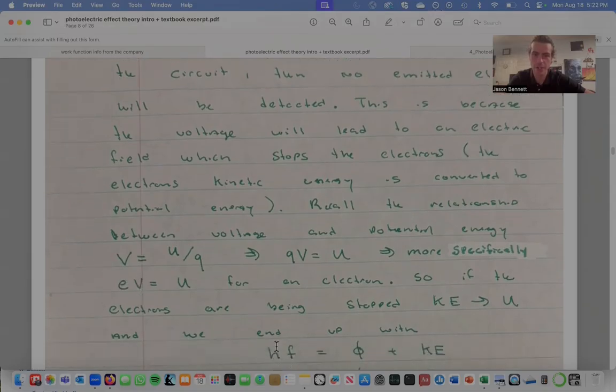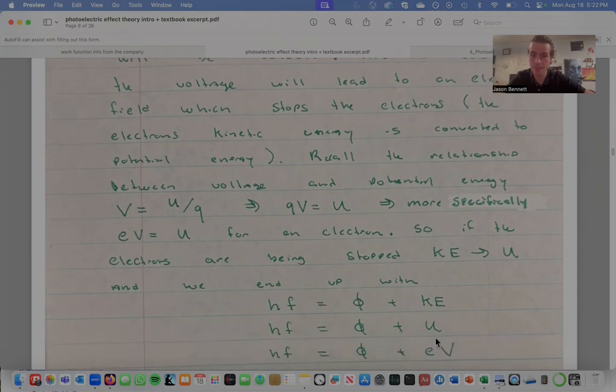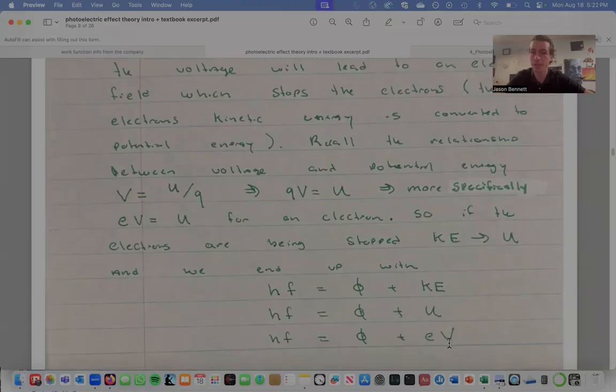So now our equation looks a little bit different. We've got incoming photon energy, the work function, and if it has stopped, so if we apply a high enough voltage so that there is no observed current, then this is the potential energy that is stored now. And that is something we can measure because we are specifically applying the voltage ourselves.